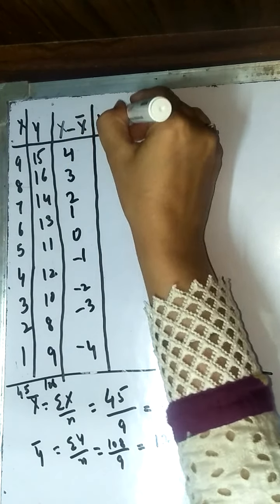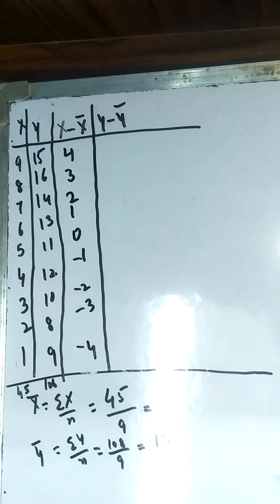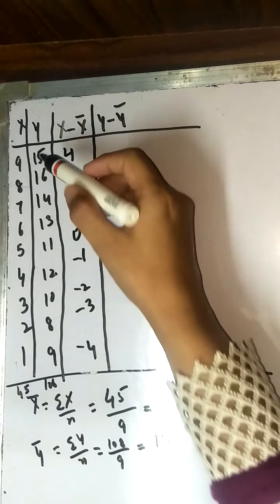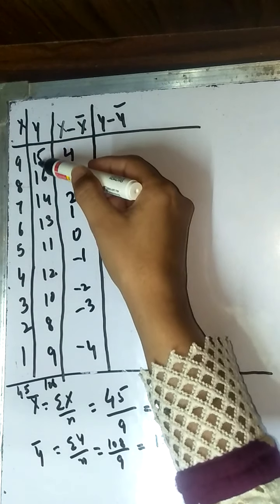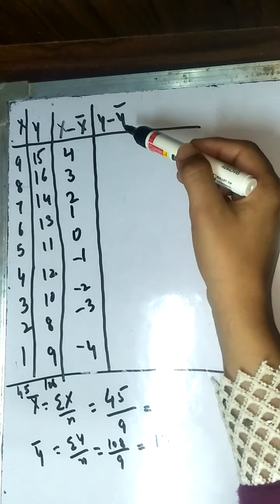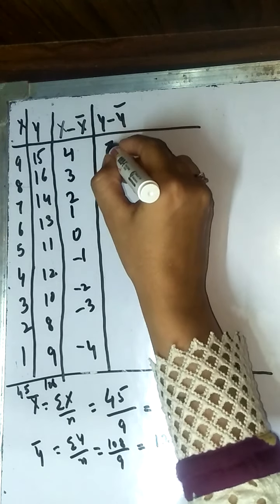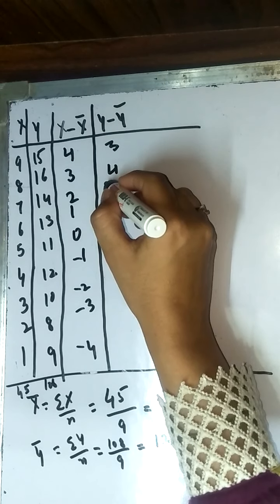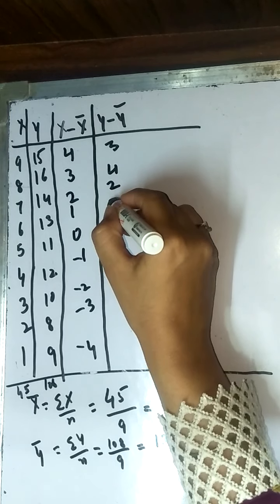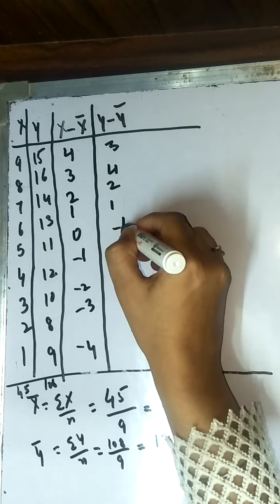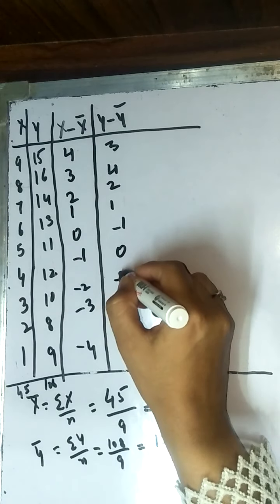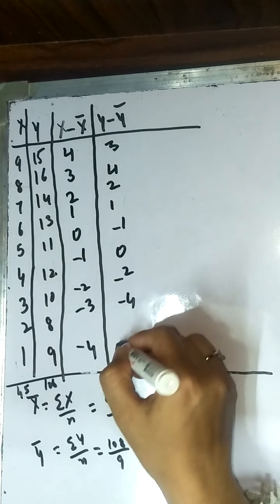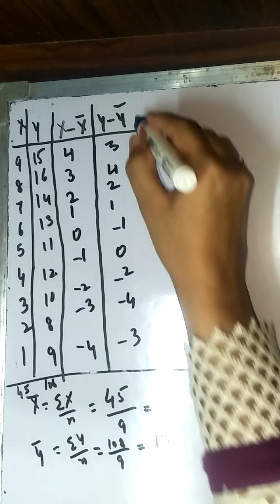Next we find y minus y mean. So we subtract the y mean, that is 12, from variable y. 15 minus 12 is 3. Next value 4. Next is 2. Next is 1. Then minus 1, 0, minus 2, minus 4. Next is minus 3.